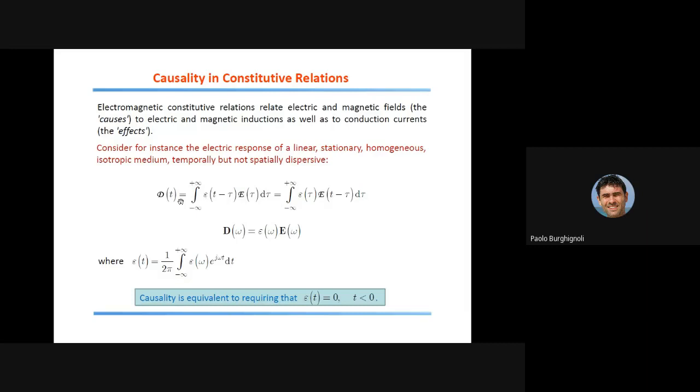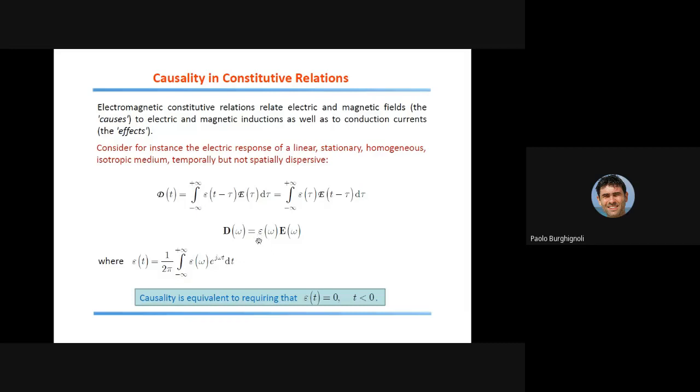And the important thing, of course, is that if you now evaluate the Fourier transforms of this relation, then an elementary property of the Fourier transforms tells us that the convolution product becomes a simple algebraic product. So now, in the frequency domain, the relation between the input and output is given by a simple multiplication which involves this complex scalar function epsilon of the radian frequency omega.